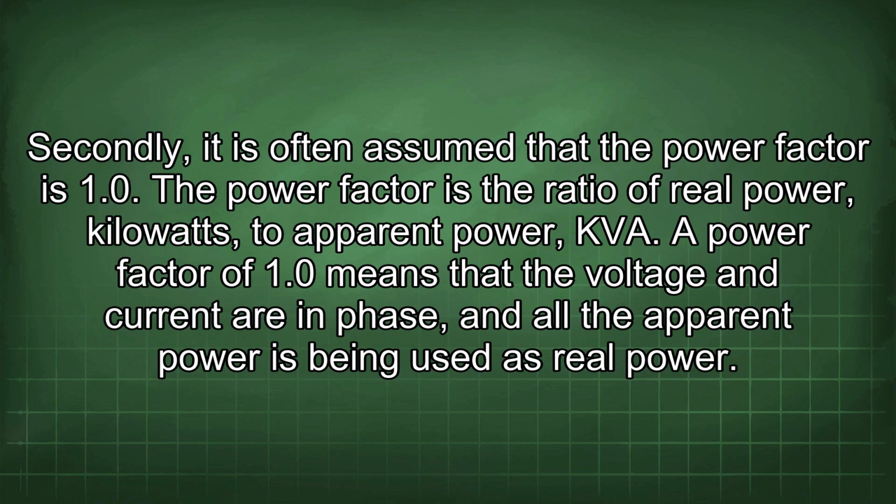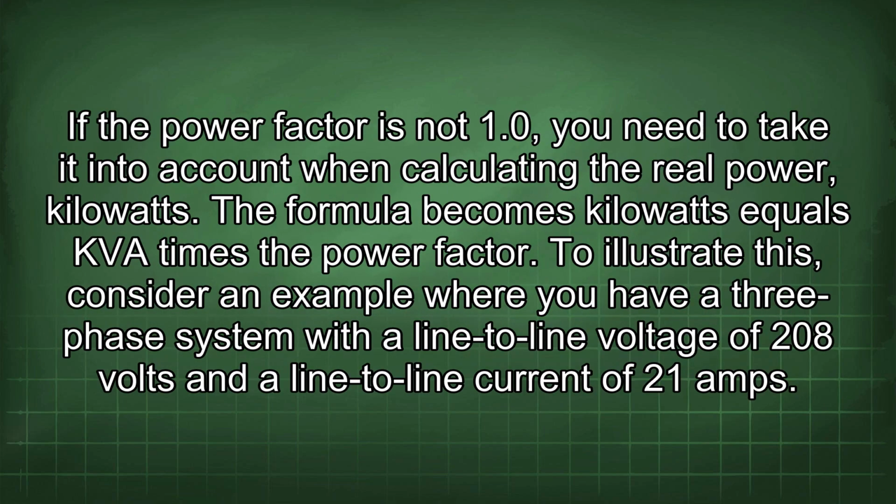The power factor is the ratio of real power, kilowatts, to apparent power, KVA. A power factor of 1.0 means that the voltage and current are in phase, and all the apparent power is being used as real power. If the power factor is not 1.0, you need to take it into account when calculating the real power, kilowatts. The formula becomes kilowatts equals KVA times the power factor.